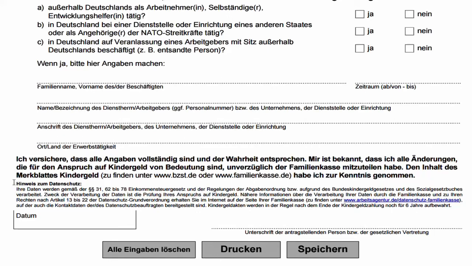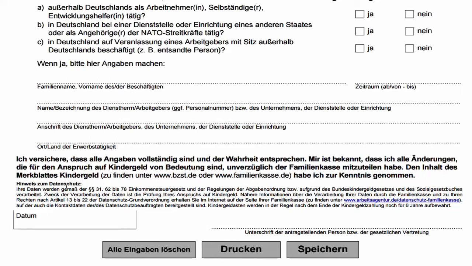And you also confirm that you know the content of the brochure, the Merkblatt Kindergeld, about the child benefit, which you can find under the website mentioned here.